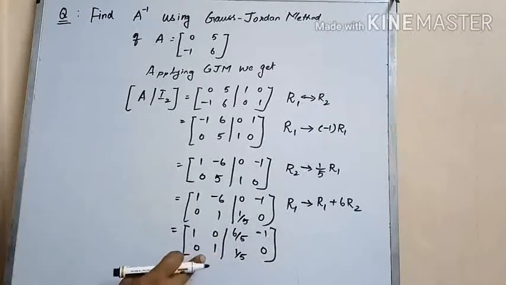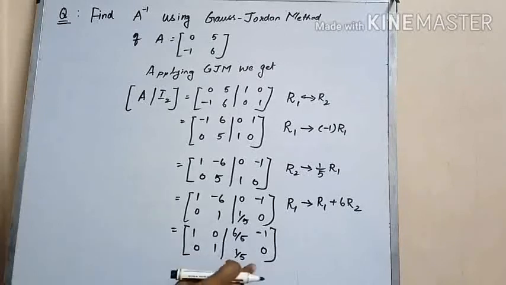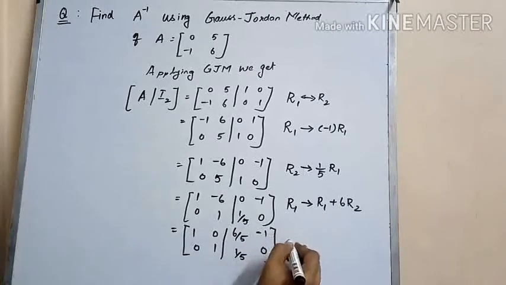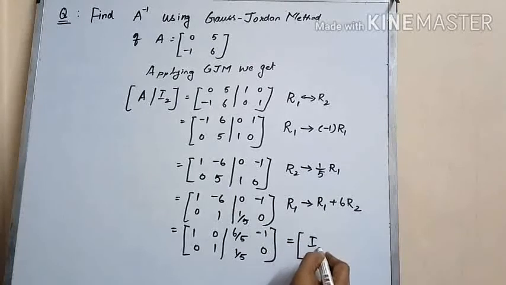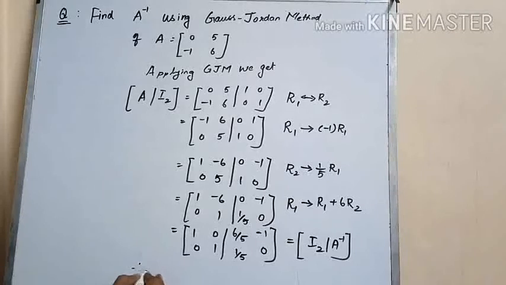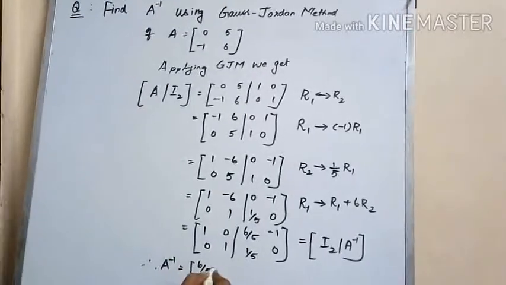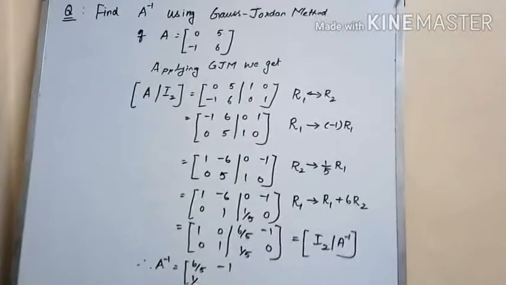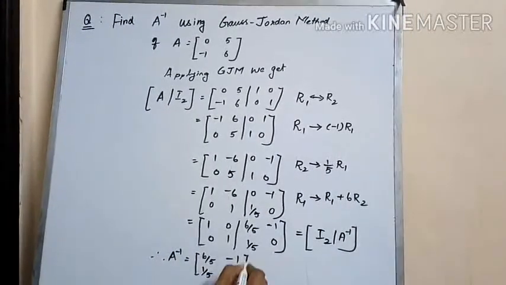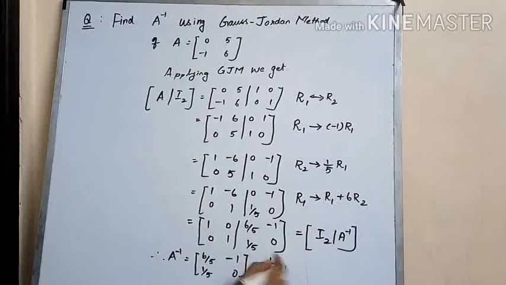So you have your I2 on the left side, and this will be your A inverse. Therefore, A inverse is equal to 6 by 5, minus 1, 1 by 5, 0, which is equal to 1 by 5 brought out, times 6, minus 1, 1 and 0.